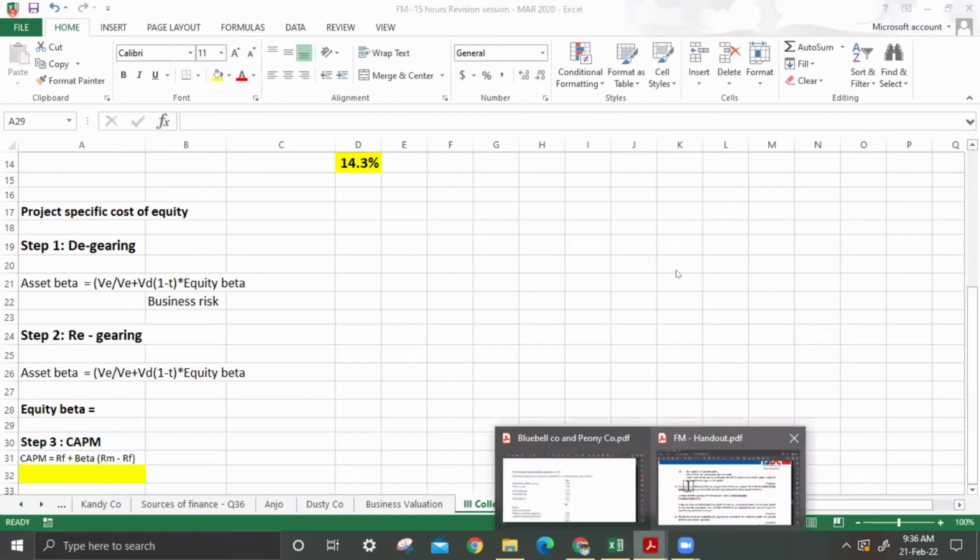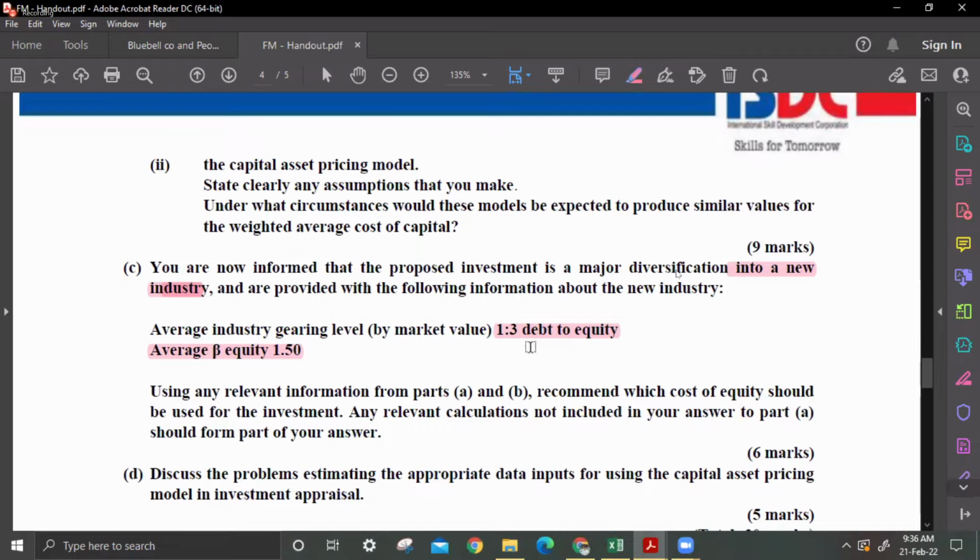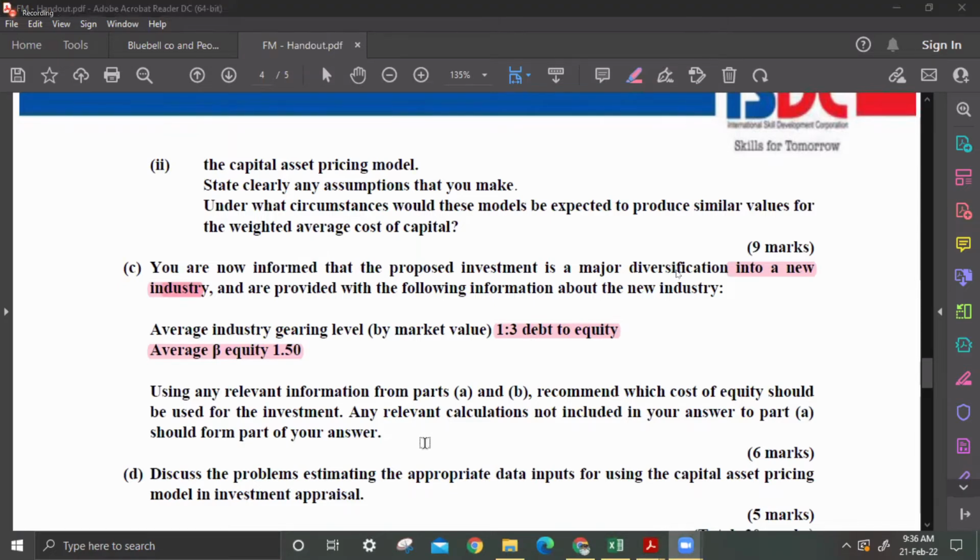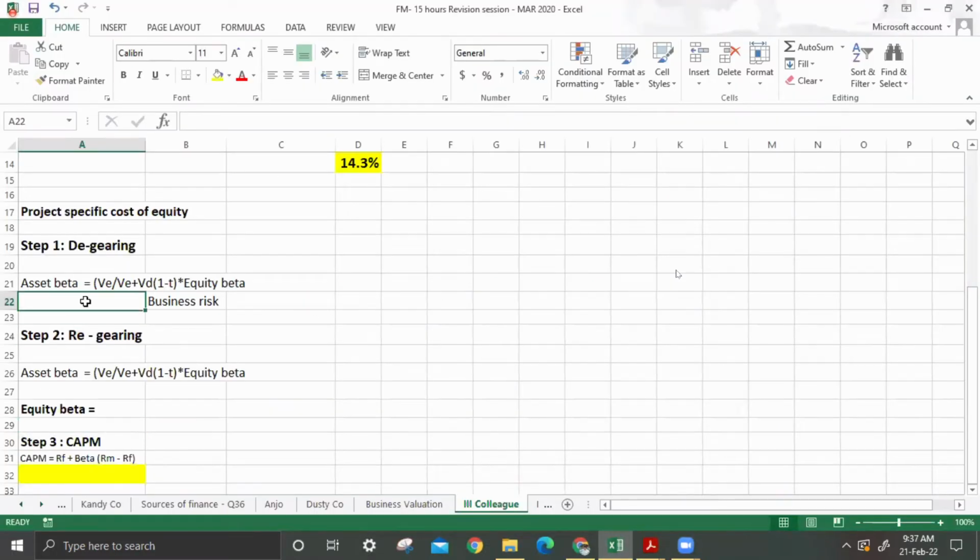What is it? They've given you the debt equity ratio. If they say 1:3 means what does it mean? Debt is 1 and equity is 3. Correct? Tax rate is also given. Don't forget to take tax. So what will be the formula?